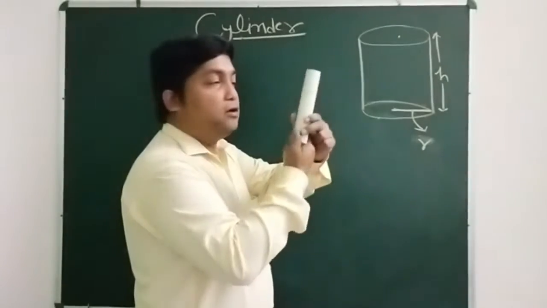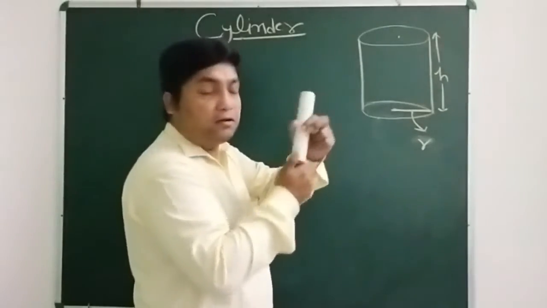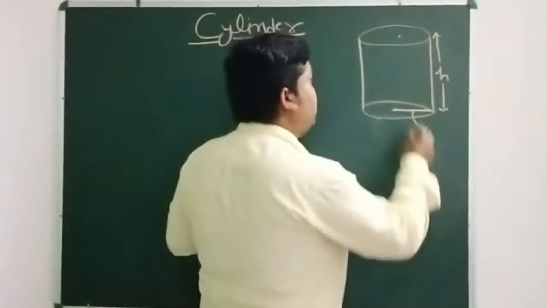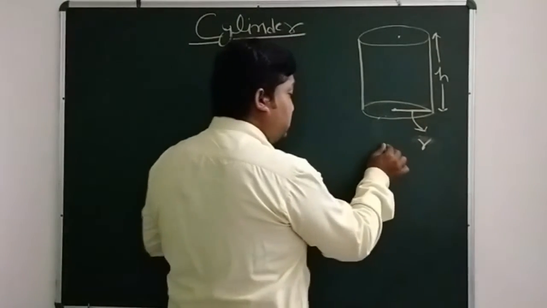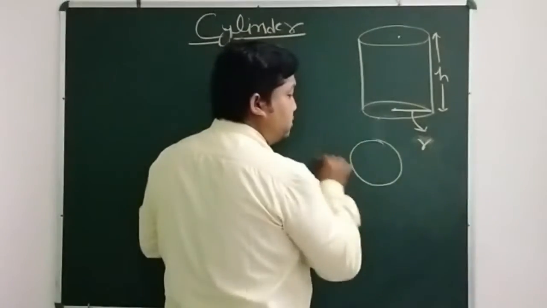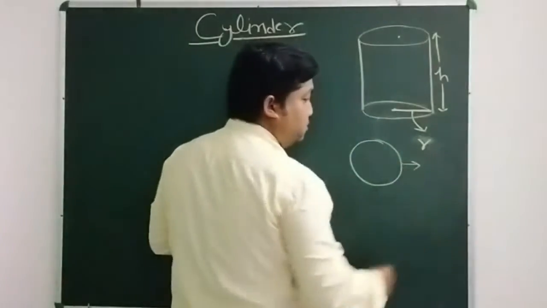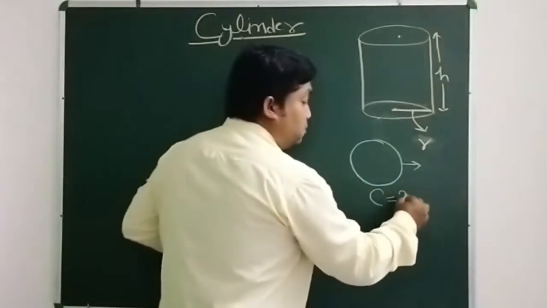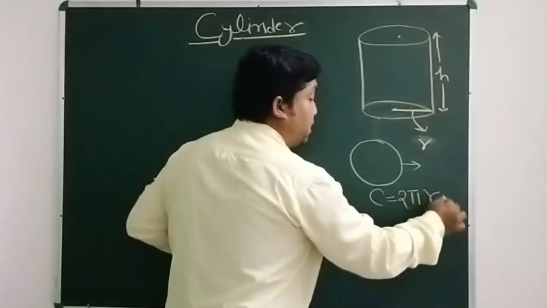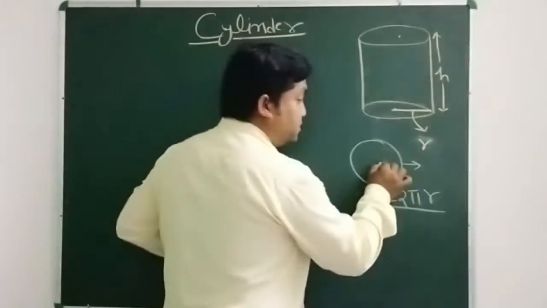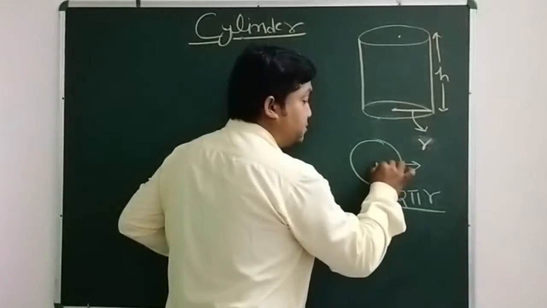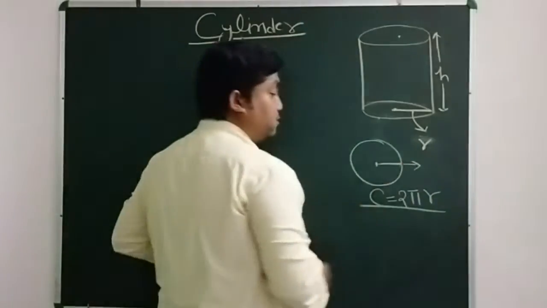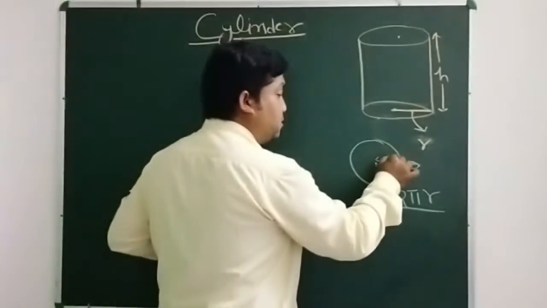In your earlier classes, you know that the circumference of a circle is equal to 2 pi r, where the radius is the distance from the center to the circle.